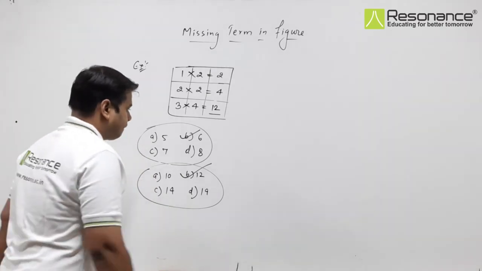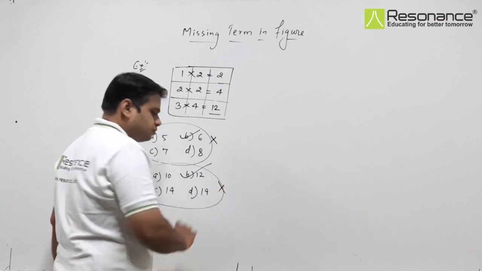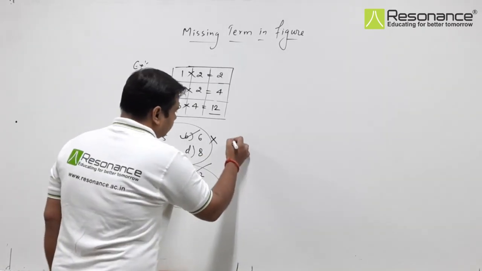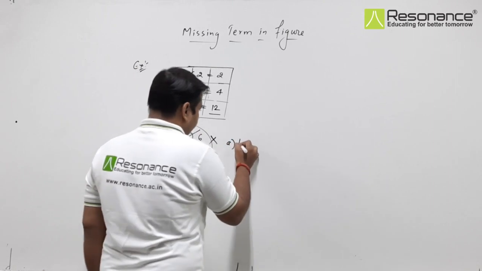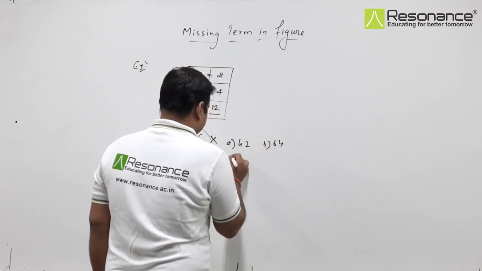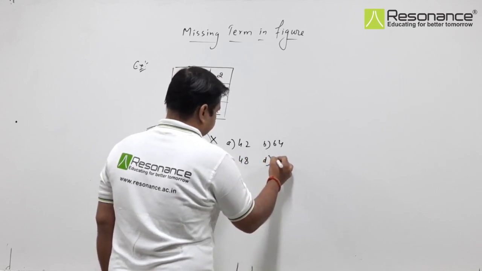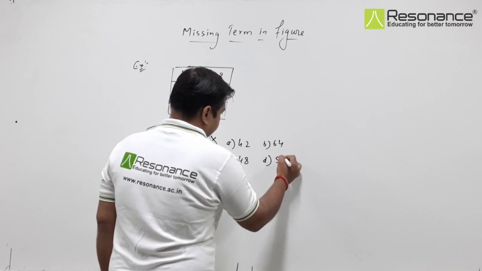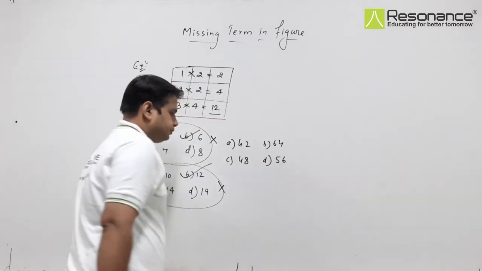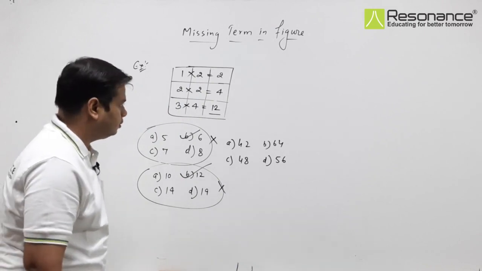One more time, suppose these are also not the options, and the other options are 42, 64, 48, 56. These are the options. Okay.